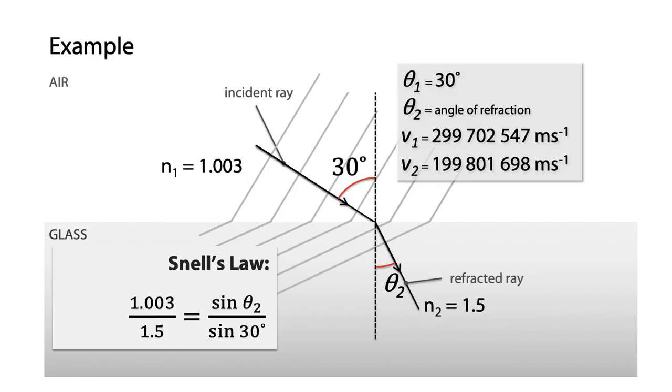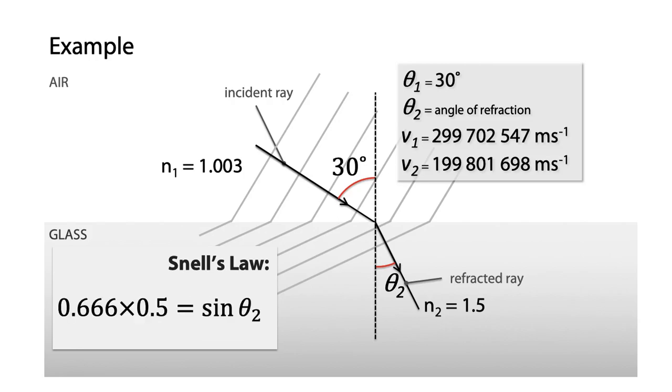Plug those into the Snell's law equation. 0.66 is sine theta 2 over 0.5, which is sine 30 degrees. Rearrange: sine theta 2 equals 0.333, so theta 2 must be sine to the minus 1 of 0.3 recurring, which is about 19.5 degrees, which is about right. It fits what you can see.